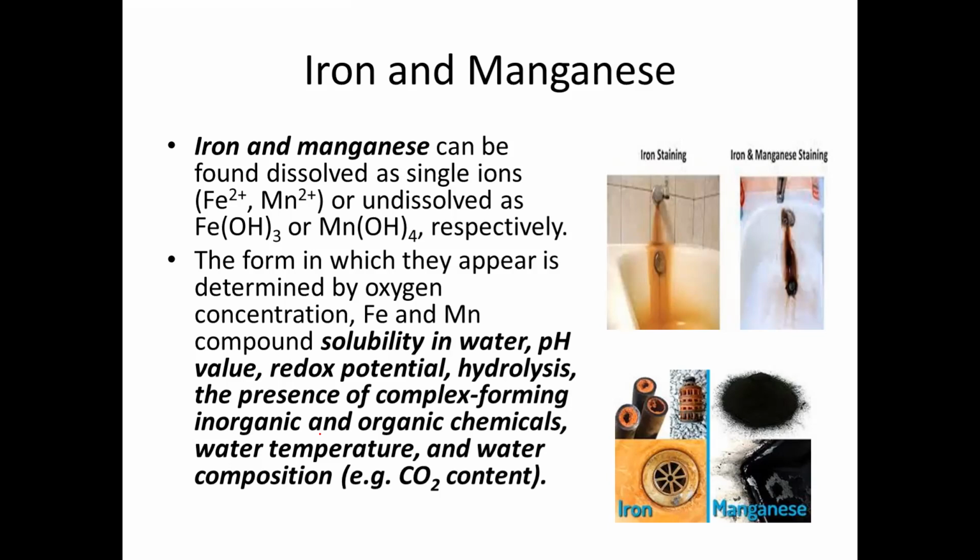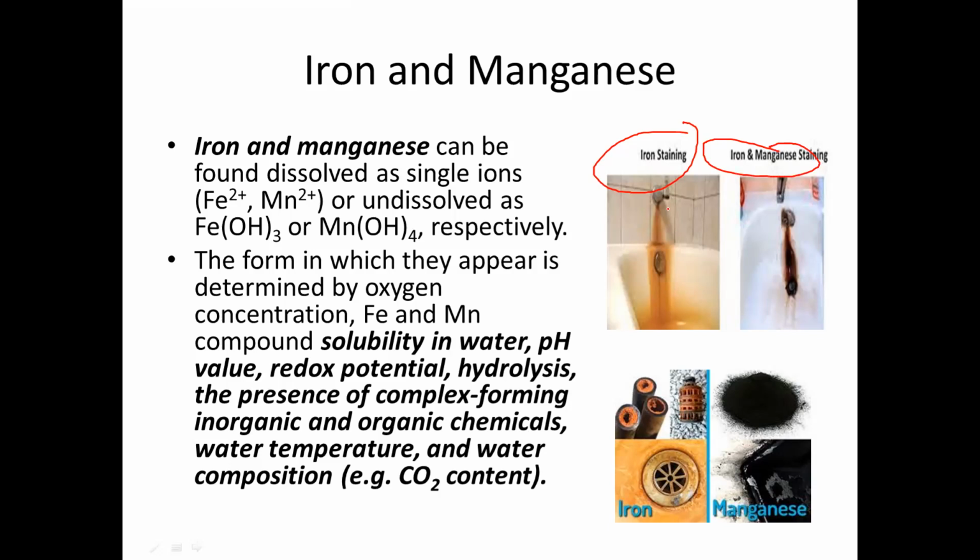To make it clearer, iron and manganese actually cause a certain taste in our water, a bitter or somewhat different taste. It's mainly because of our iron and also our manganese.